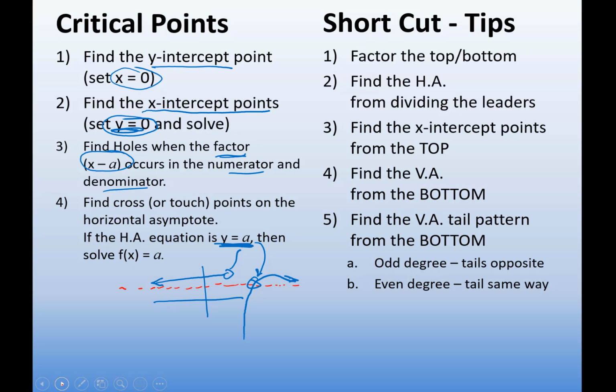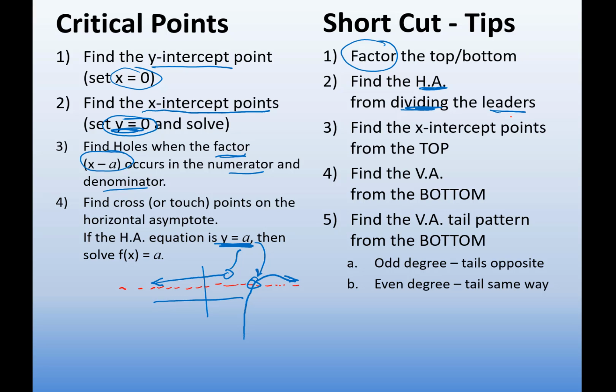So, some shortcuts to this whole process. When you start out with a rational function, not all of them can factor, but it's a good idea to start. Just factor the top and the bottom, because different information comes from those factors. Then remember that the horizontal asymptote comes from the dominant division of the leaders.